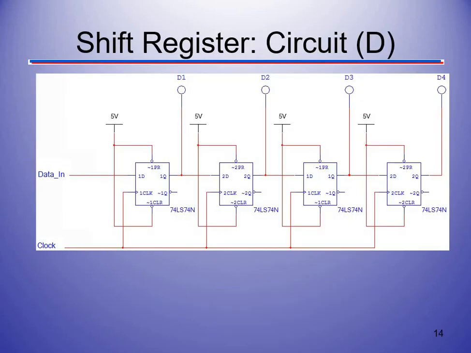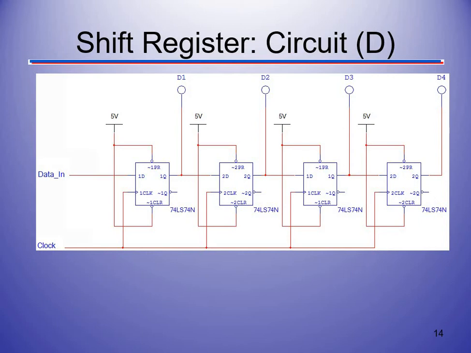So here is what a shift register looks like. Notice they're synchronous. How do I know that? Because they're all connected to the same clock. The clock signal is the same so that everybody shifts data at the same time. Notice how we're sending the data through.